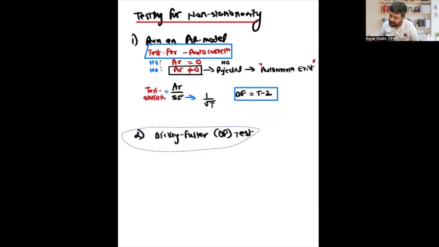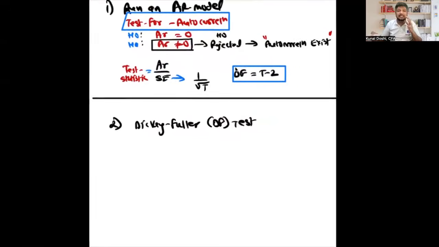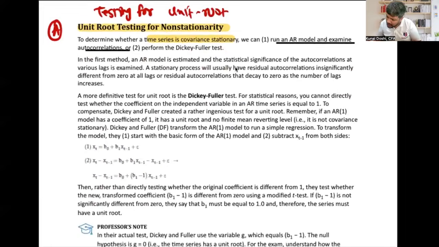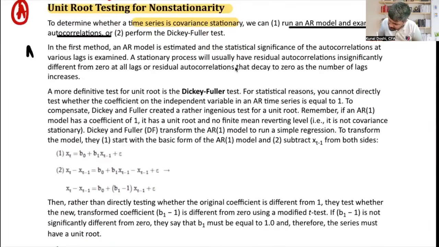Of course, we are going to fix it. We are going to see a solution to this. But first, we wanted to understand whether there is covariance stationarity or not. So now see this here. In the first method, an AR model is estimated to test the significance of autocorrelation at various lags.